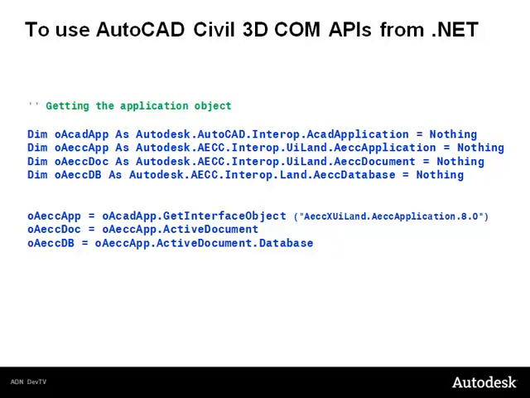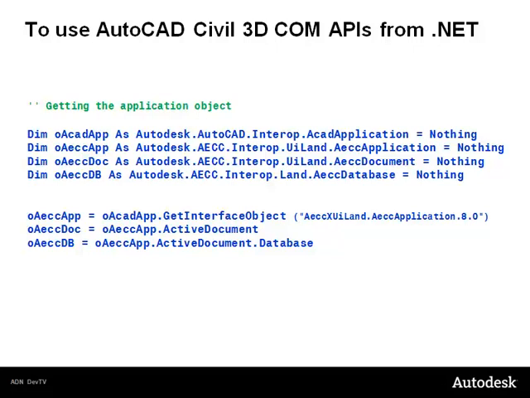As a next step, you need to get the AECC application object by using the GetInterfaceObject function of the AutoCAD application object and by passing in the application name. In this slide, we can see that the application name used is AeccXUILand.AeccApplication.8.0, which will get us the land application object of the Civil 3D 2011 release.